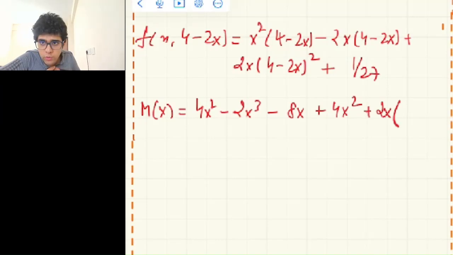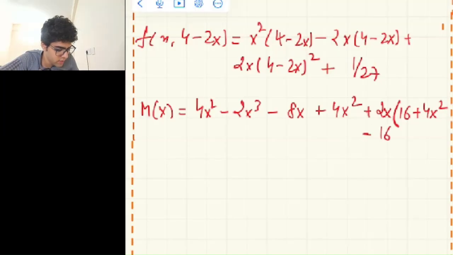So the whole square of 4 minus 2x is 16 plus 4x squared minus 2 into 4 is 8, into 16x, minus 16x, right? Plus 1 upon 27, right?